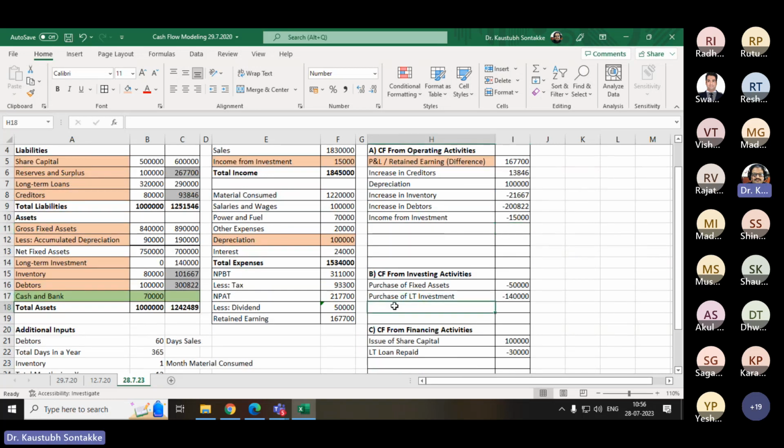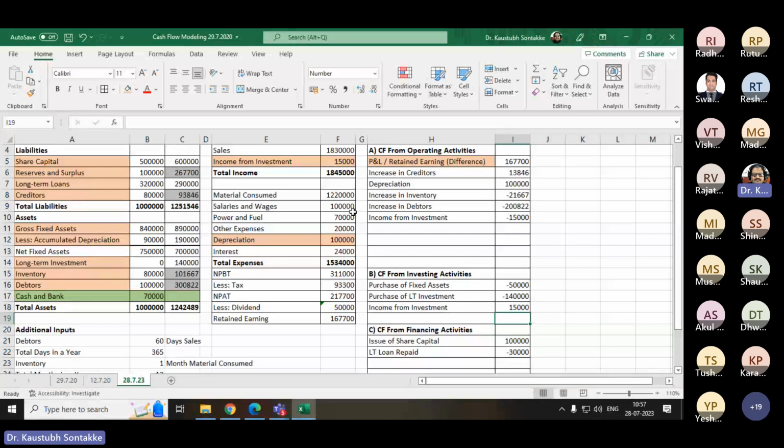But the same thing I have to add in investing activity. So I will go to point number B, cash flow from investing activity, and add income from investment is equal to, give this 15,000 cell, now positive.